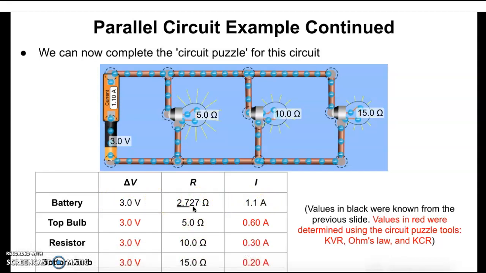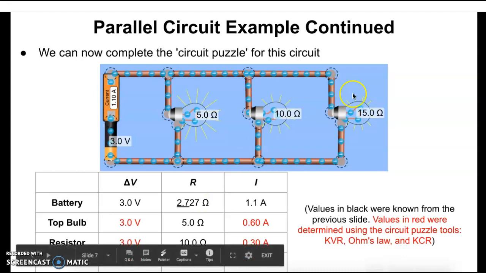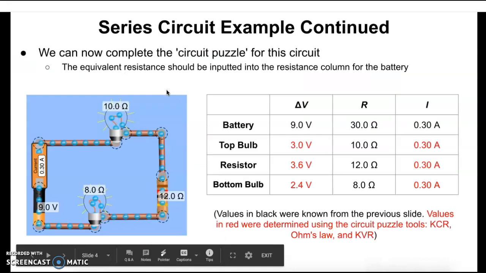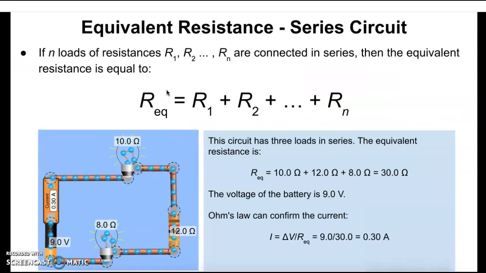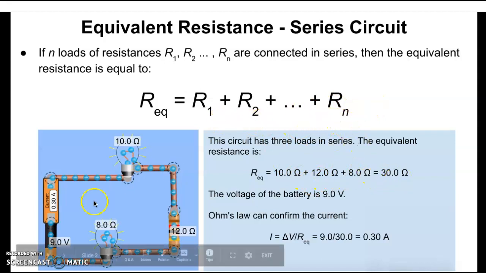the whole circuit puzzle. All right, so one thing I want to point out is that in series, the equivalent resistance gets bigger as you add more resistors. Okay, as you add more resistors, the equivalent resistance gets bigger, so the battery is going to face a heavier resistance and the current's going to get smaller.